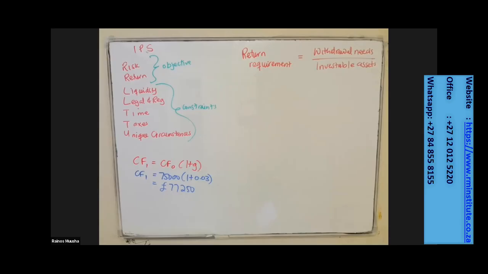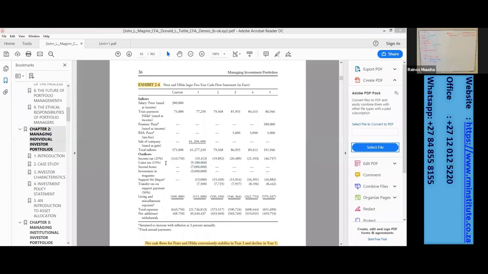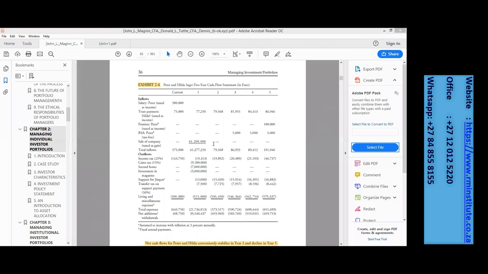Let me just quickly go back to the cash flow statement that I suspect you are discussing. Do you mean this cash flow statement here? Are you referring to this exhibit 2.4, this cash flow statement on exhibit 2.4?